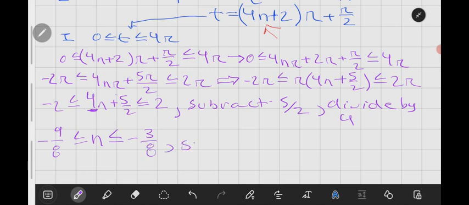And since n is an integer, then we know that n must be equal to -1.